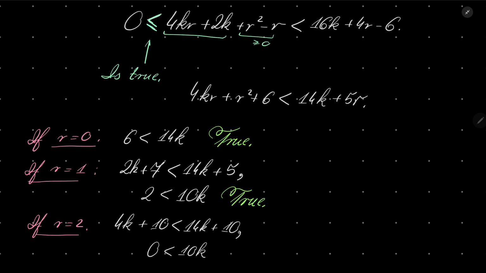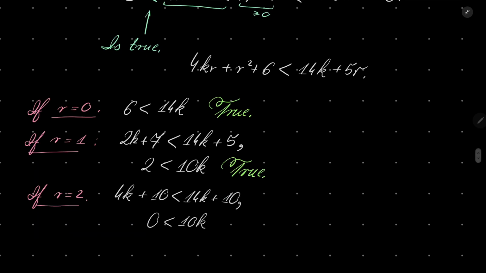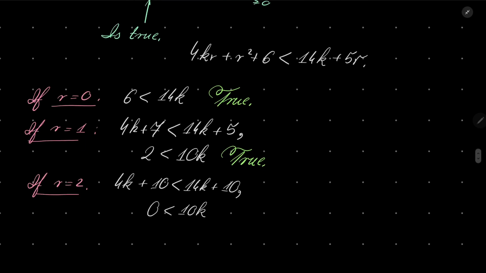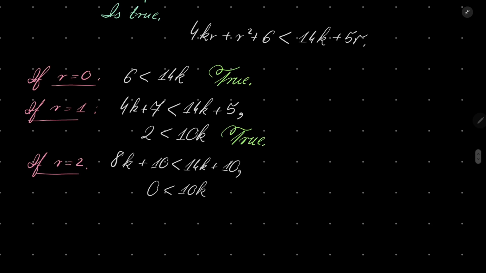In the first case it was okay because it was 0 times kr, but here we have 4kr. So in the case r equals 1, we have 4k plus 7 on the left, and the difference is 2 less than 10k. And here we don't have 4k, but this time we have 8k. Sorry about that. So it's not 10k, but it is 6k. And again, it is true.